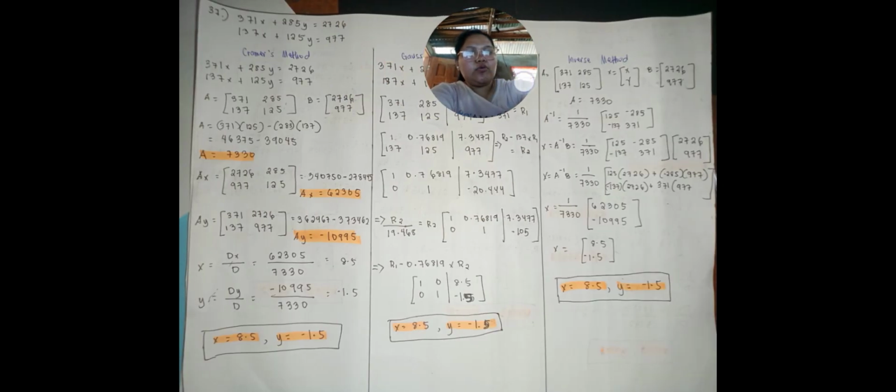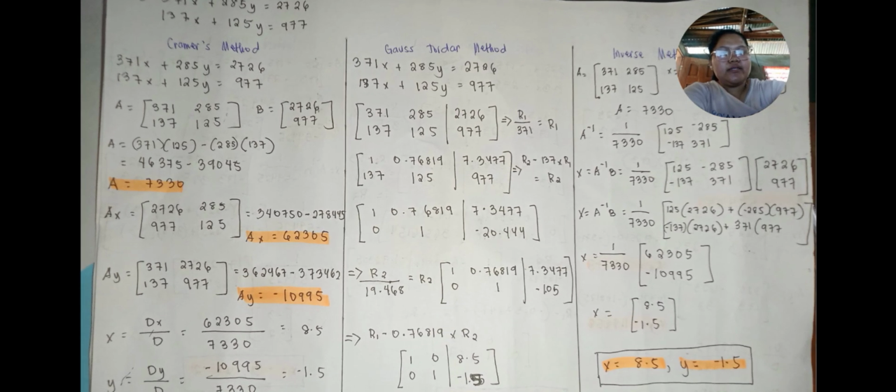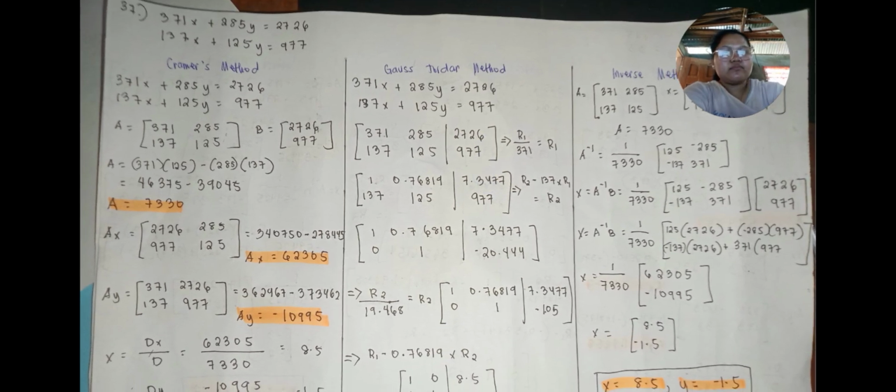So let's proceed with another equation. Okay, number 37. 371x plus 285y is equal to 2,726. 137x plus 125y is equal to 977. So, let us compute first for Cramer's method.